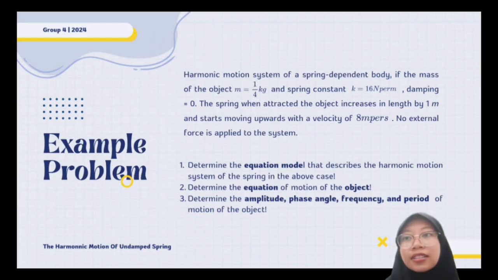No external force is applied to the system. 1. We must determine the equation model that describes the harmonic motion system of the spring in the above case. 2. Determine the equation of motion of the object. And 3. Determine the amplitude, phase angle, frequency, and period of the motion of the object.